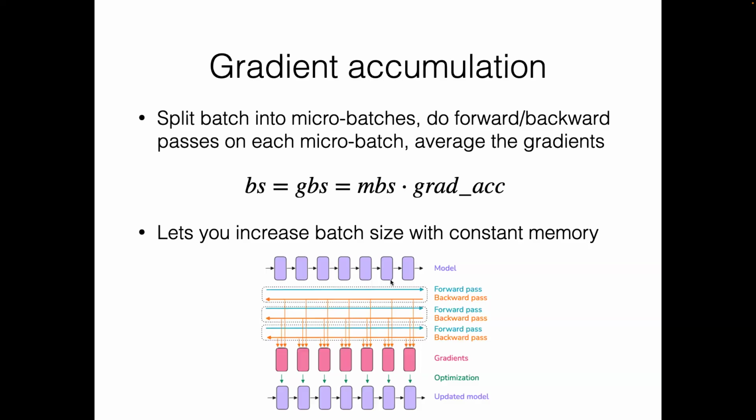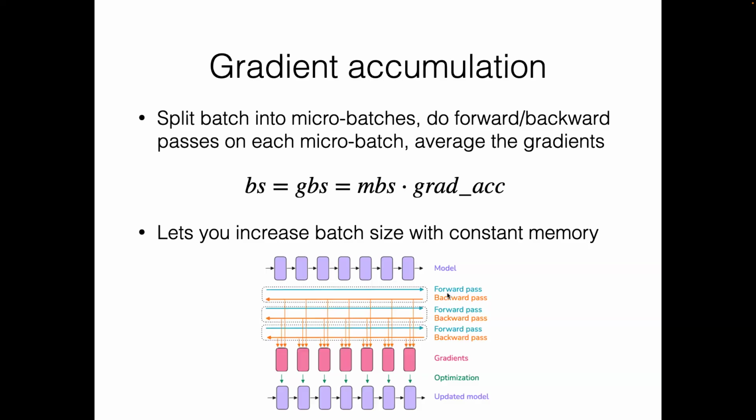This is visualized here: these are different micro batches, and you go one by one, doing the forward and backward pass for each, averaging the gradients, and then applying Adam or the optimizer.